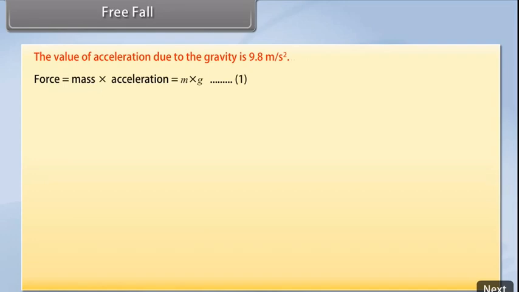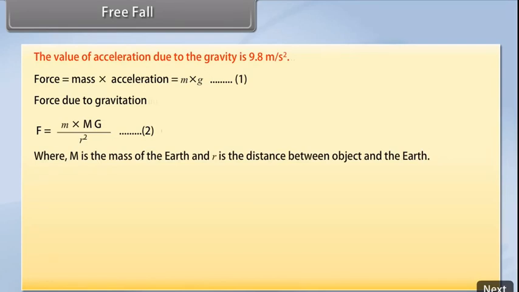Force is equal to mass into acceleration, which is equal to m into g, equation 1. Force due to gravitation, F is equal to G into M m upon r square, equation 2, where M is the mass of the earth and r is the distance between object and the earth.